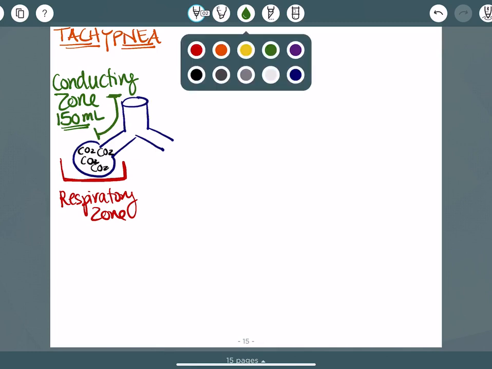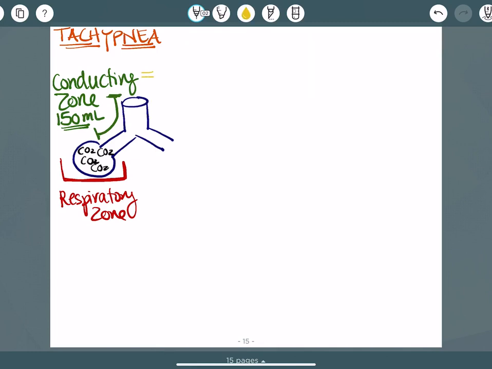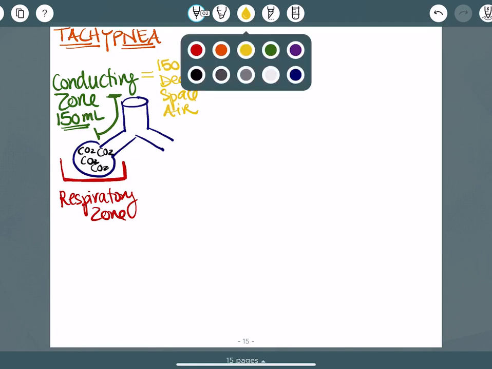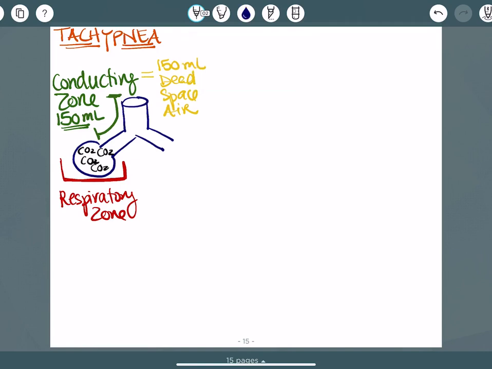So the air of the conducting zone gives us around 150 milliliters of dead space air, air that does not participate in gas exchange. So the reason I'm talking about this dead space air is because the question was, why is a tachypnic breathing pattern ineffective?